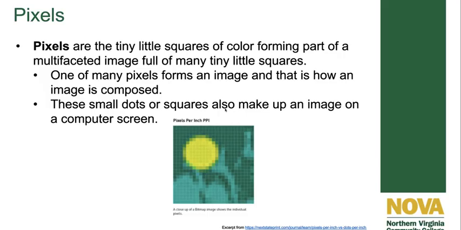So in images, the pixels per inch is the unit of measurement, and the more pixels there are, that's more information in the image, and that makes the image look more real or accurate. Conversely, on a TV monitor or a computer monitor, the more pixels per inch, the higher quality that monitor will be, and the better your image will look. And so when you think of going to buy a computer monitor or a TV, you'll hear that described, because that's how the display screen is made up of pixels.